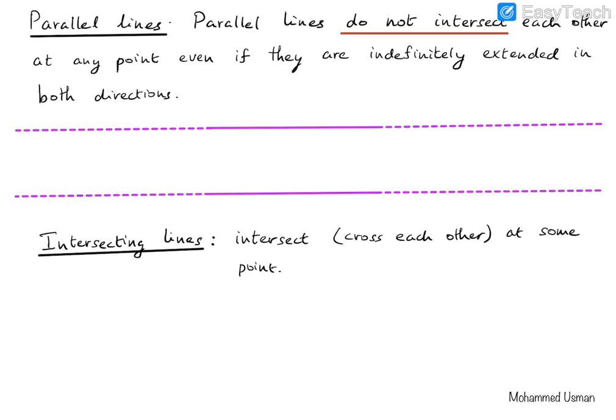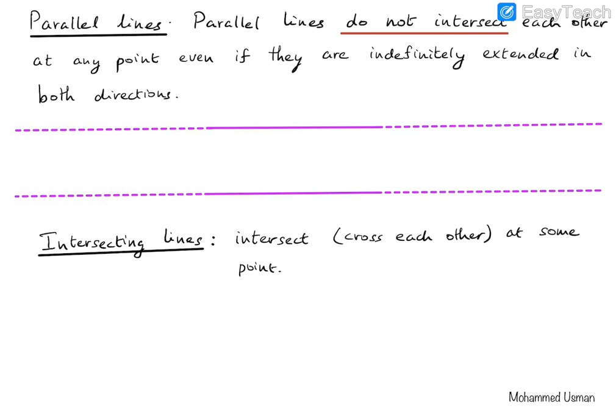One of the observations that we notice about parallel lines is that if we draw a common perpendicular to the two lines at any point between the two lines, then the length of those common perpendiculars will be the same.